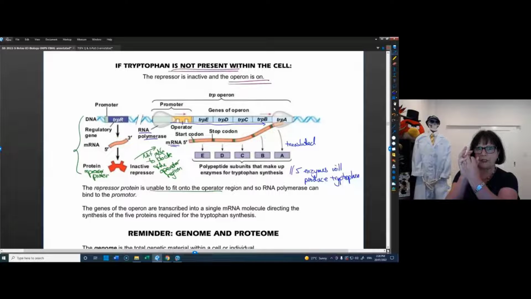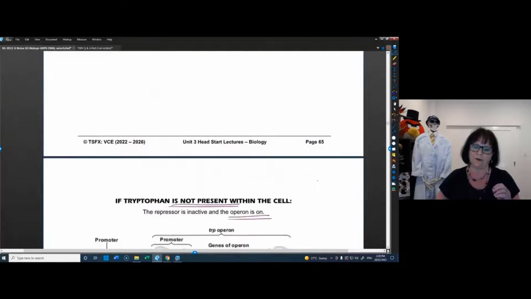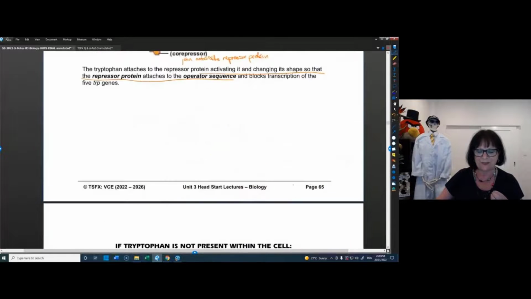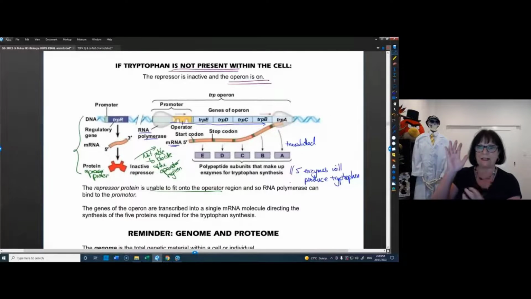If the repressor protein doesn't block, transcription will. And in the tryptophan operon, when tryptophan is present, it joins to the repressor protein, and the repressor protein can do the blocking. When tryptophan isn't present, it doesn't fit. So it can't block, so transcription will happen.